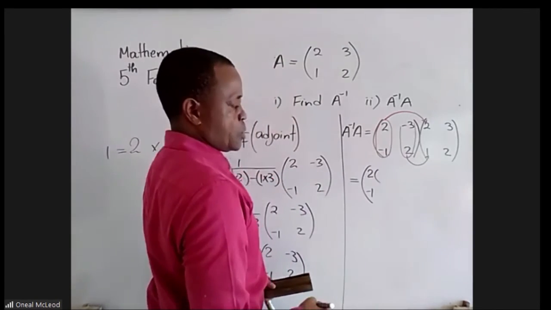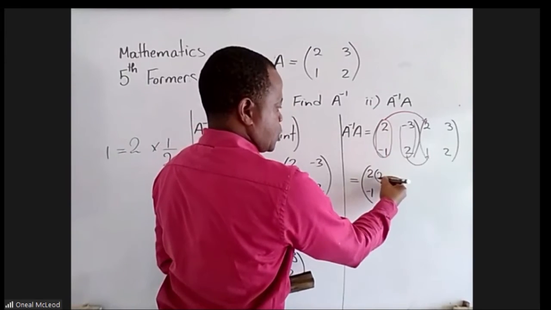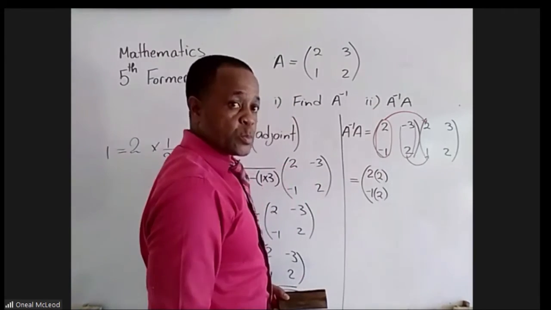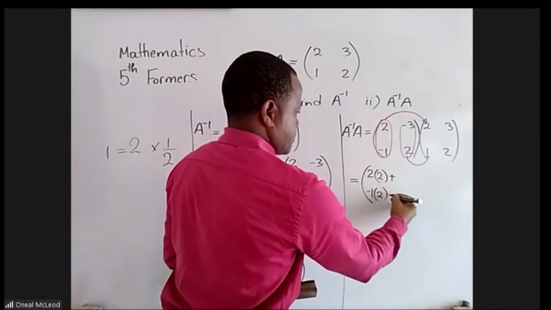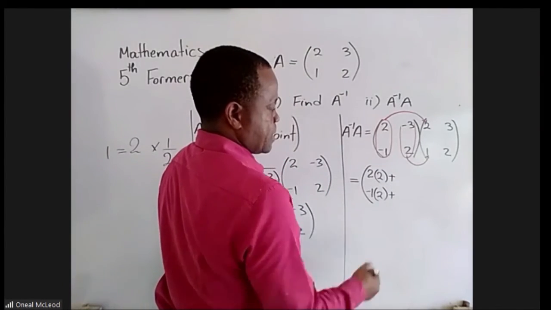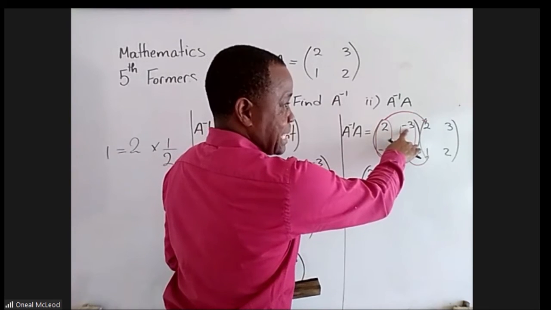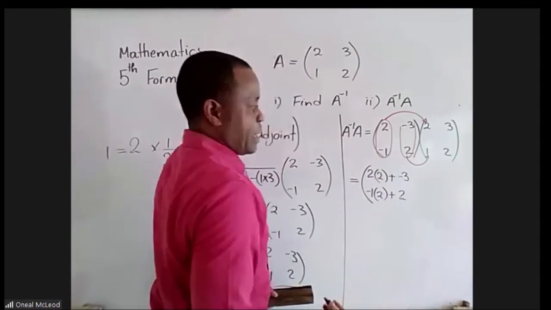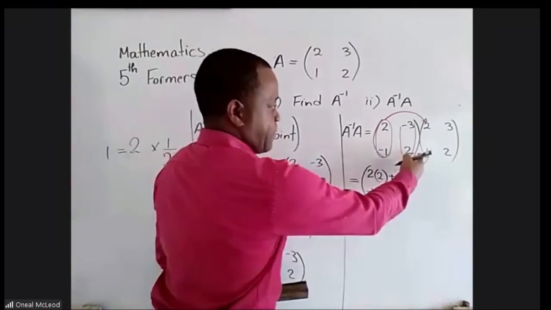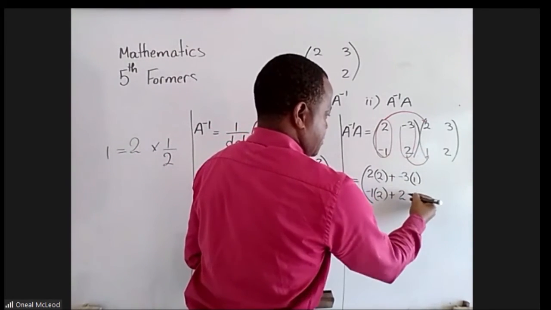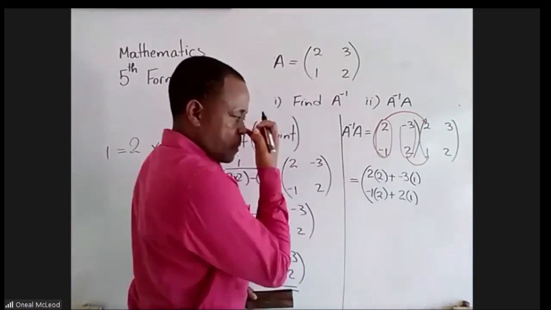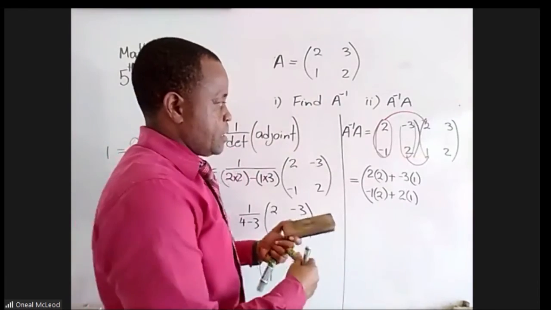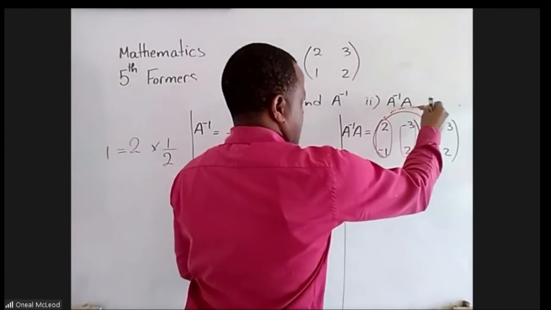What do we map that onto? We map that onto 2. So both of them must be multiplied by 2. Plus, we slide down the negative 3 and 2. Now what do we map that onto? We map that onto 1. So both of them must be multiplied by 1. Now we're through with that first column.